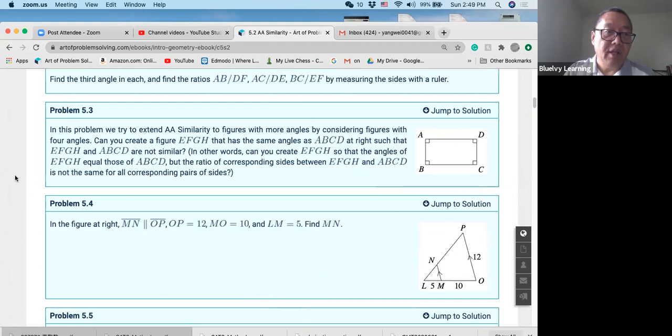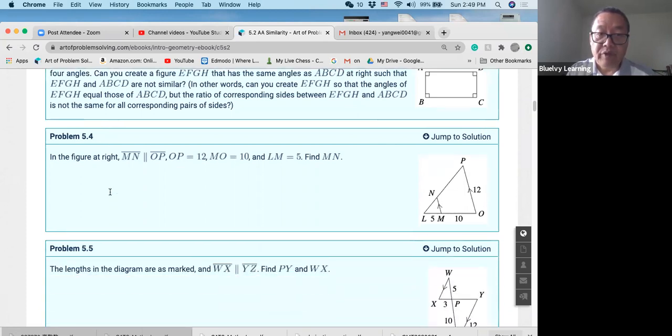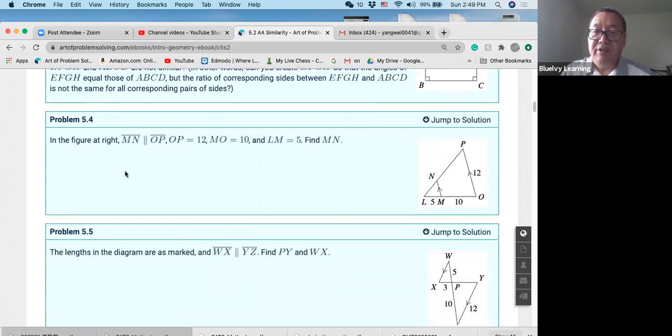Now let's see the next example, 5.4. In this one, they give you MN parallel with OP, and OP is 12. OM is 10. And LM is 5. Then they ask you to find the length of MN.